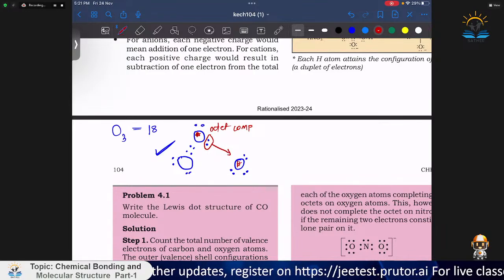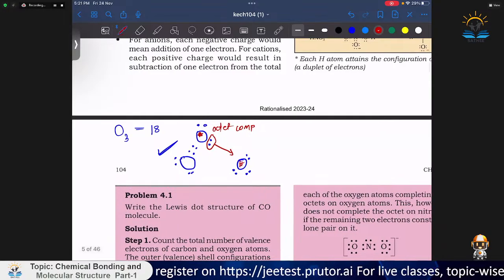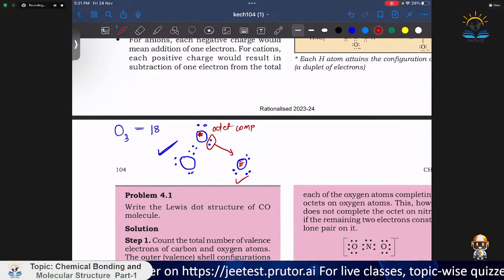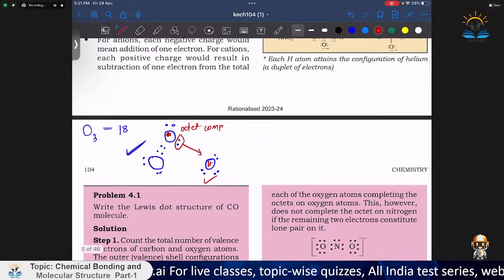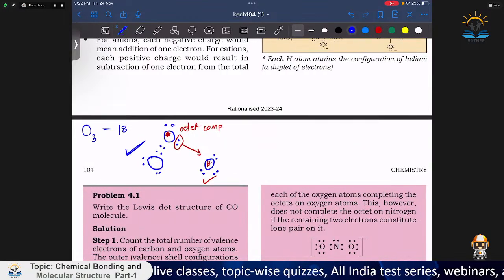No harm is there. This hash oxygen, when it gets these 2 pairs, will get a complete octet. And the star oxygen already has a complete octet. So there is no harm in sharing the electron pairs like this. It looks something like this.